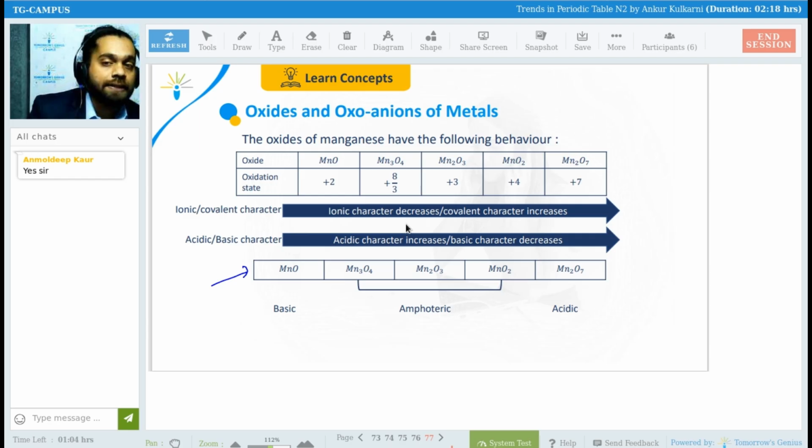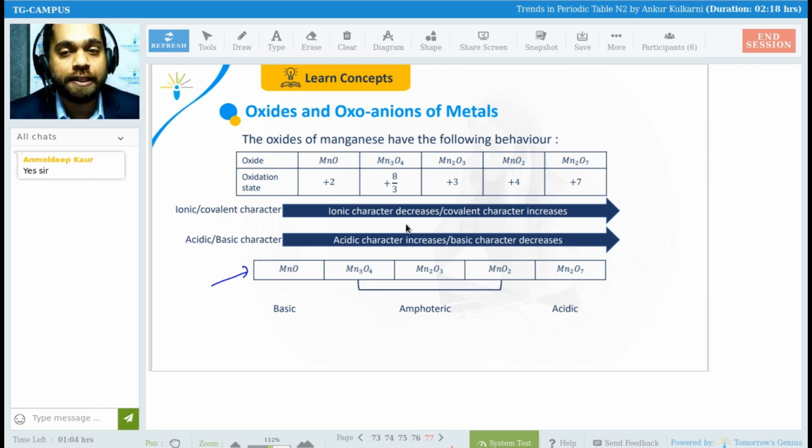Take manganese, this is an example for manganese. As the oxidation state is increasing, the acidic character increases. So it goes from basic to amphoteric to acidic. Write it down.